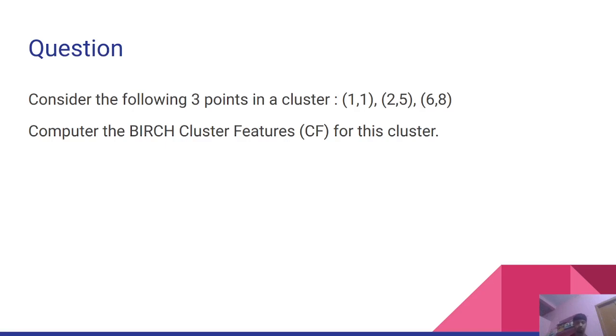Sir, here we have to give the values? Yeah, you have to give the values. Cluster feature is like three values, right? It's like 1, 2, root 2, like that will come. Okay, it should not. Can you write that in the chat box? Root should not come, I guess.